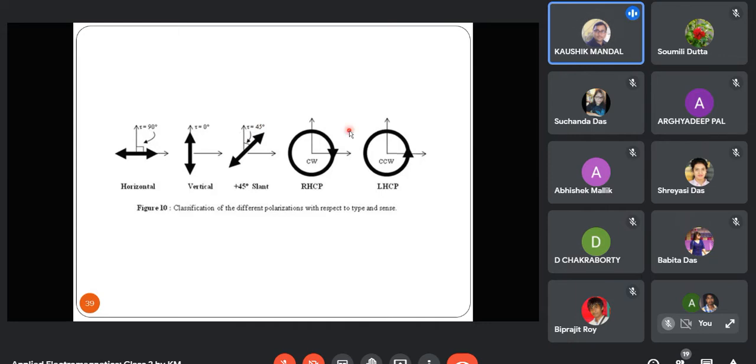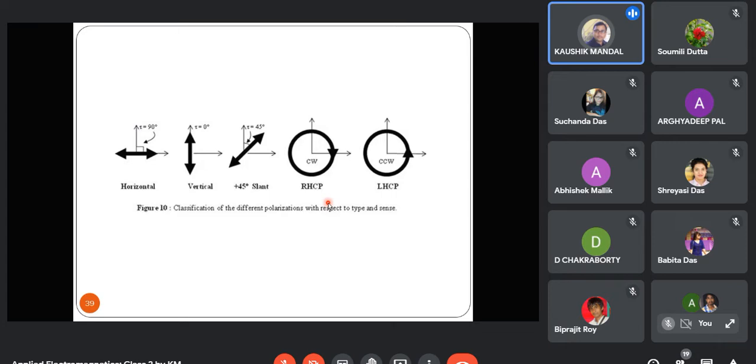Now, when the two magnitudes are the same and phi equals 90 degrees, that is, there is a quadrature phase difference between the two components of the electric field vector, then that will be the case of circular polarization. Now, under circular polarization, depending on the direction of rotation of the electric field tip, there are two types of circular polarization.